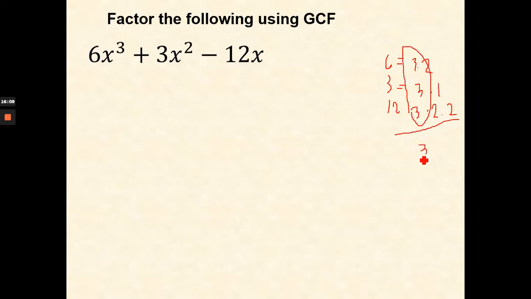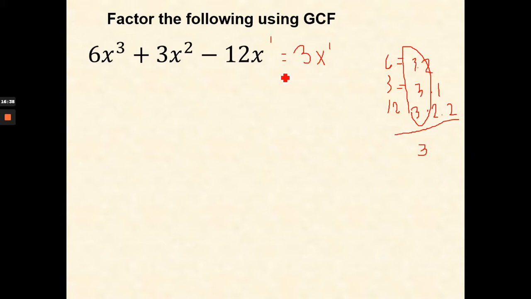Okay? So 3 is the GCF. How about the variables? We have x raised to 3, x raised to 2, and x raised to 1. X is present on all the terms. Therefore, x is also a common factor. But then, you need to choose the lowest exponent. So that is 1.